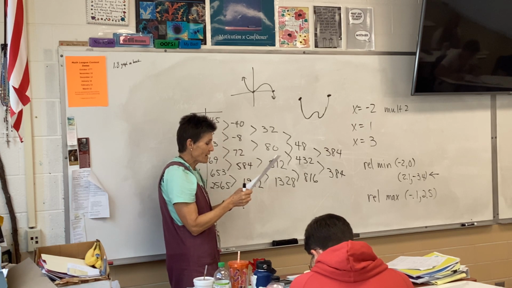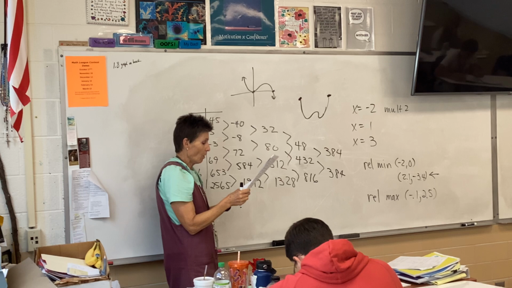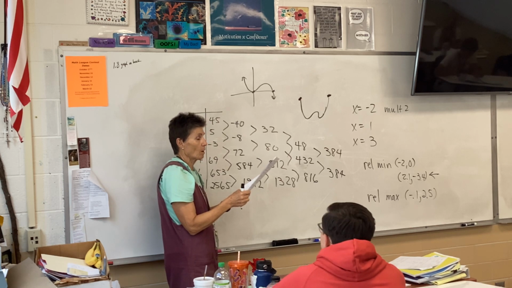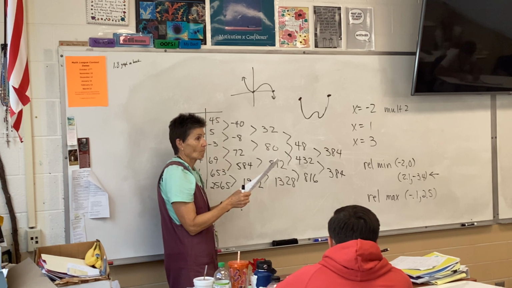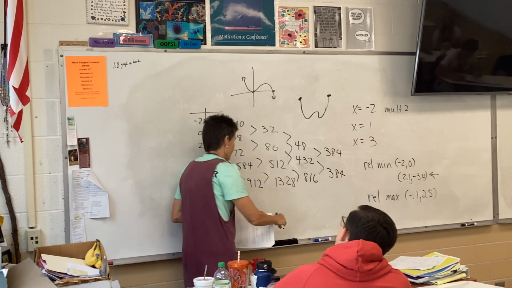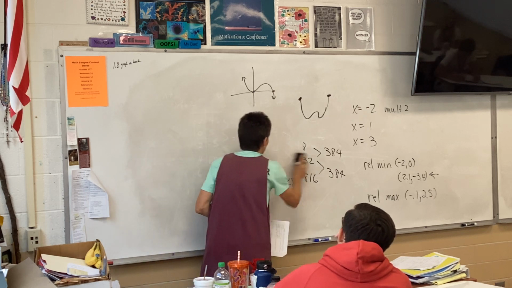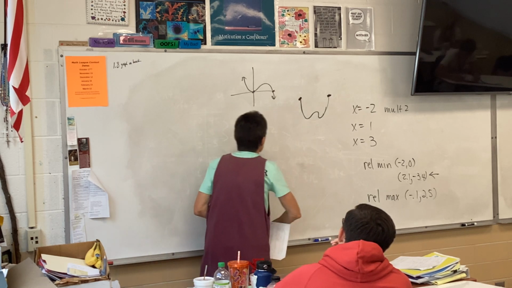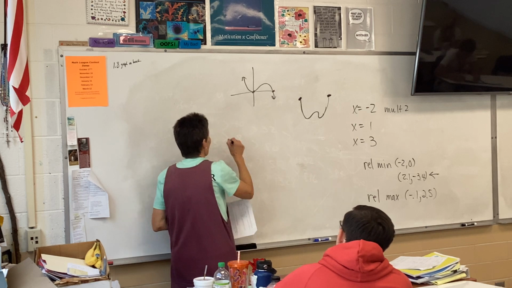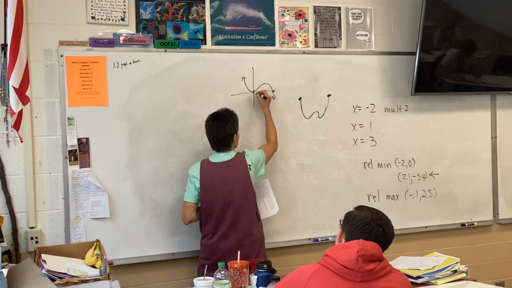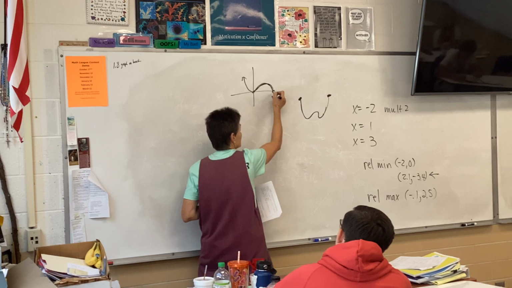G must change concavity on 0 to 4. Does it have to change concavity in this interval? Does this change concavity in that interval?